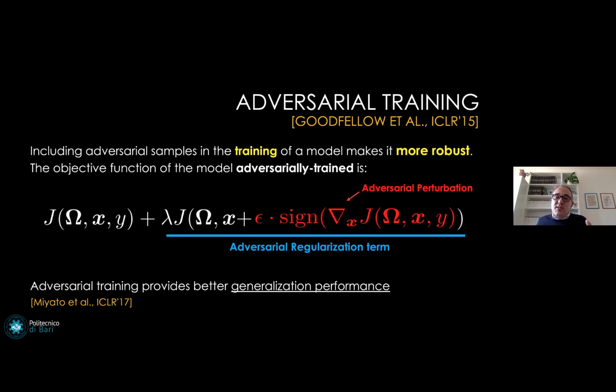Starting from a certain number of epochs, we add this adversarial regularization term, and it can be shown that the final trained model is robust against attacks. But also, what is quite interesting is that, as shown in this paper in 2017, if we add this adversarial training, we also get better results in terms of accuracy of the final model.